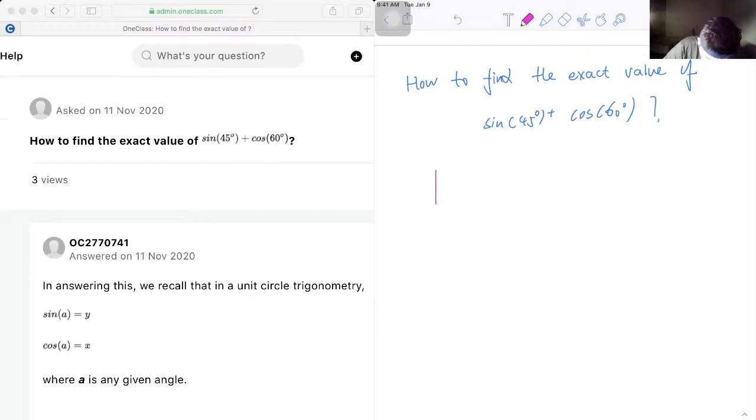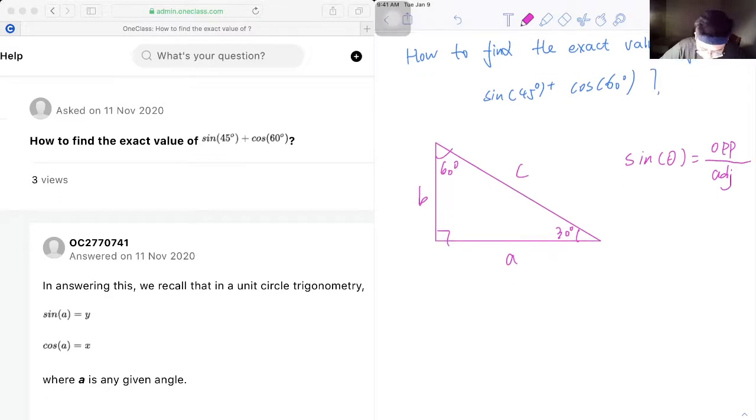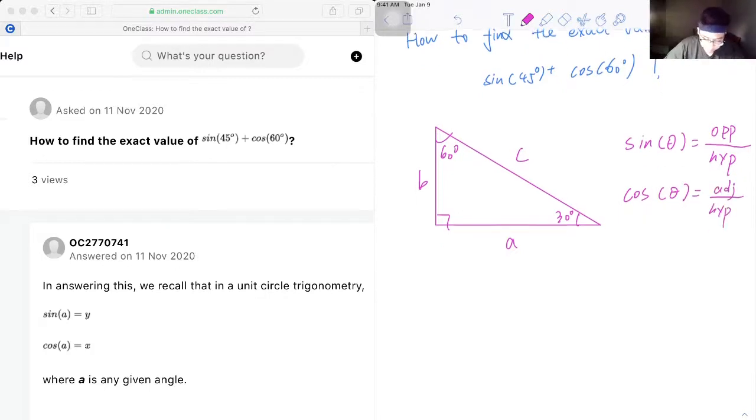Let's say we have a right triangle, given by the angles 30, 60, and 90, and let's call the sides A, B, C. And so we have sine theta equal to the opposite over hypotenuse, and cosine theta would be adjacent over hypotenuse.